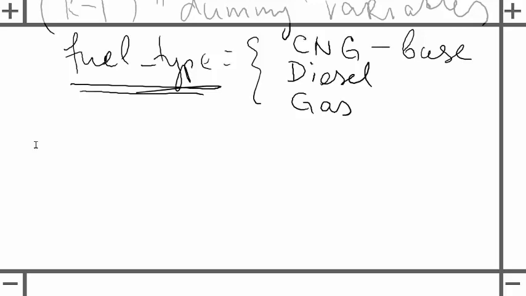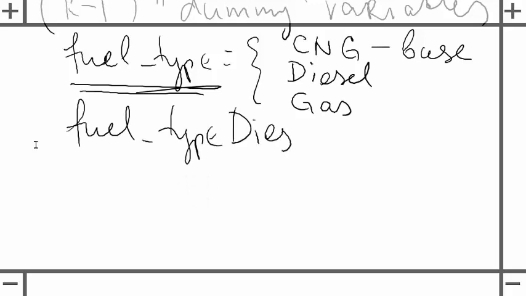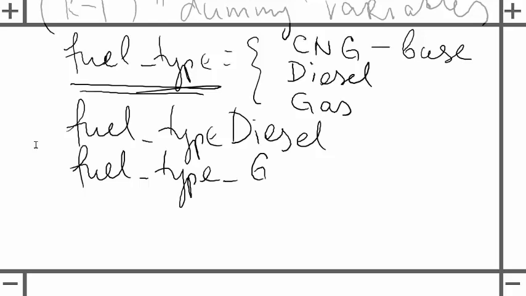So for each other level, R creates a special dummy variable. So there is dummy variable fuel type diesel, as you saw on the output, and there is also another variable fuel type gas. Okay, there is no underscore. Fuel type gas.